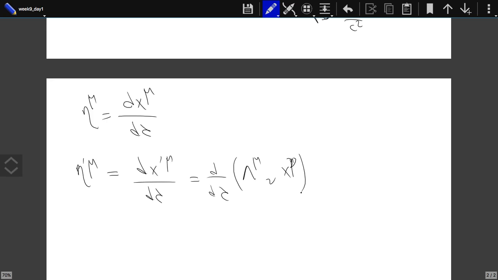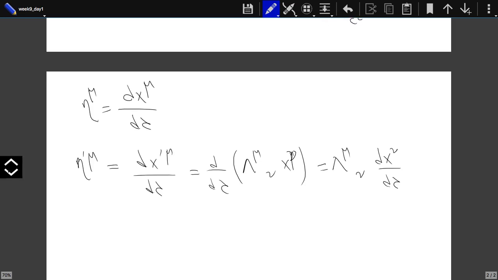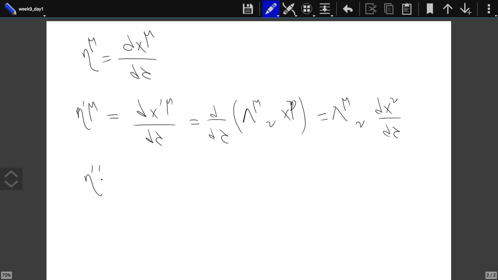It doesn't depend on the velocity of the object that I'm observing. So this is equal to lambda mu nu dx nu by d tau. Here I transformed x prime mu but not tau, because we had already seen that tau is invariant from reference frame to reference frame. But this tells me that eta prime mu is equal to lambda mu nu eta nu. You see, this is nothing but my eta nu.